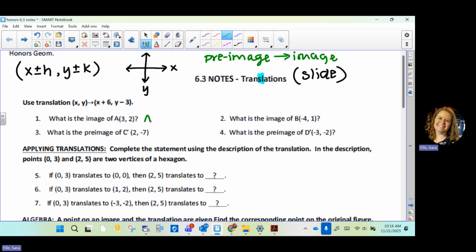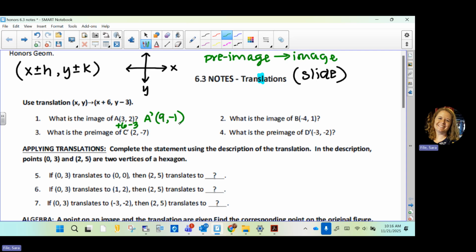So we call the image, we put a prime. So if A is the pre-image, A prime is the image. And I'm adding 6 to my X. So that's a 9. And I'm subtracting 3 from my Y. So that's a -1. And that's it. It's literally just adding and subtracting in the right place.